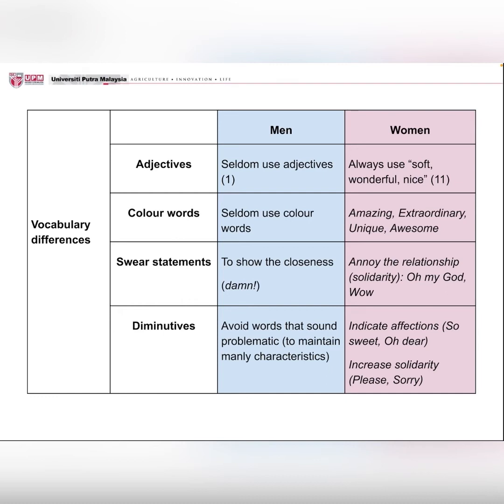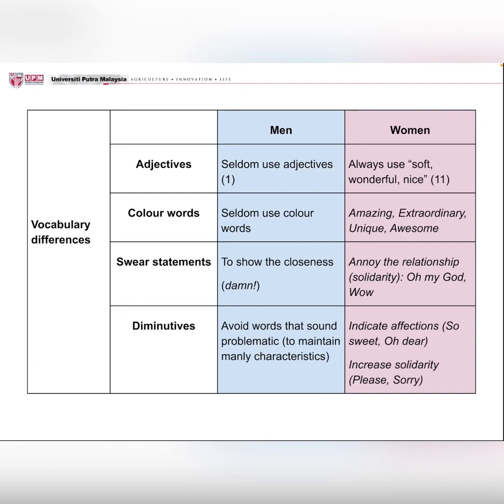Men most probably avoid words that sound problematic because they would like to maintain manly characteristics. But women love to indicate affection, like sweet or dear. Another way is to increase solidarity, like please, sorry.